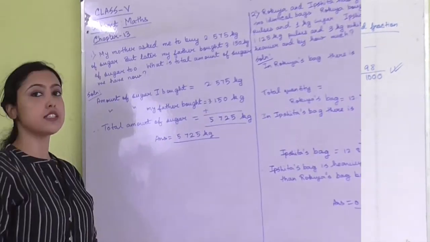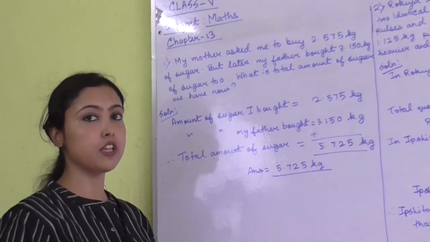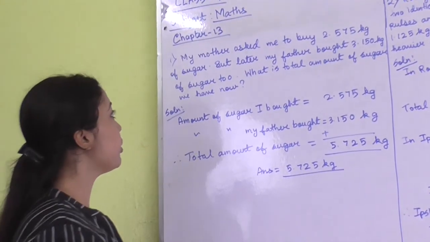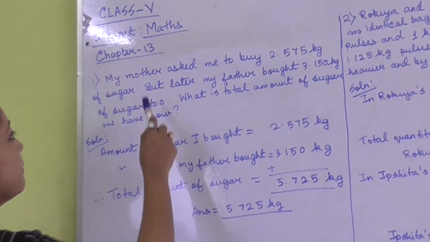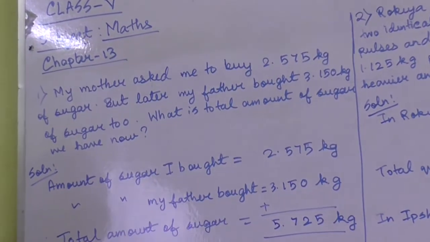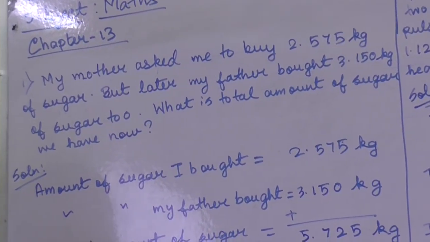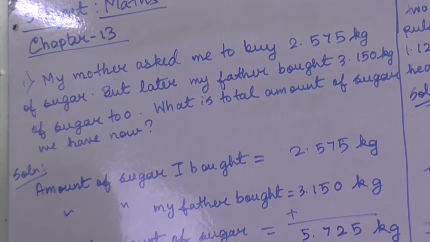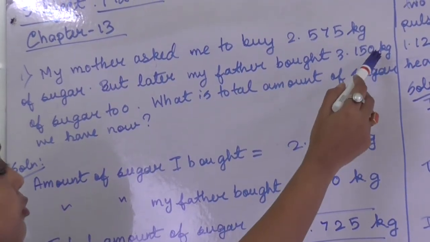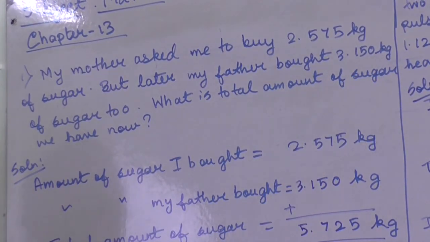I will show you some addition and subtraction problems on decimals. So here the first problem is given. My mother asked me to buy 2.575 kg of sugar, but later my father bought 3.150 kg of sugar too. So what is the total amount of sugar we have now?